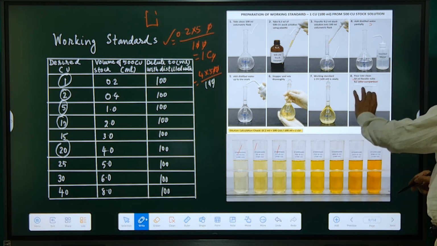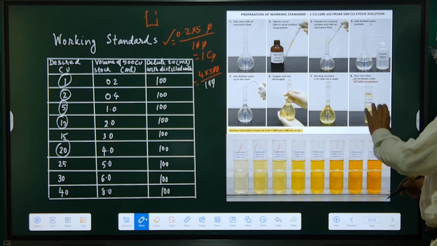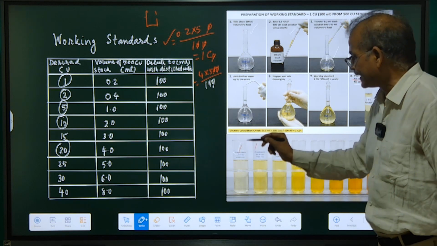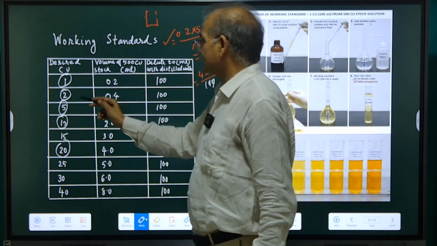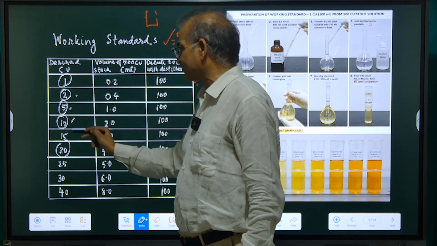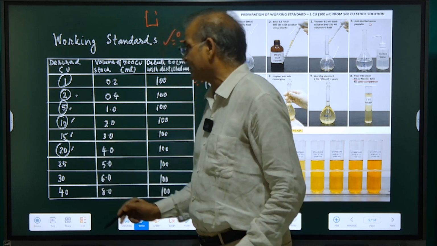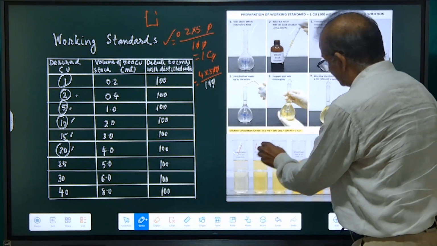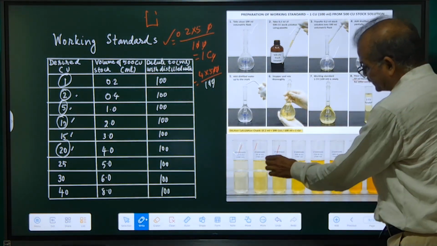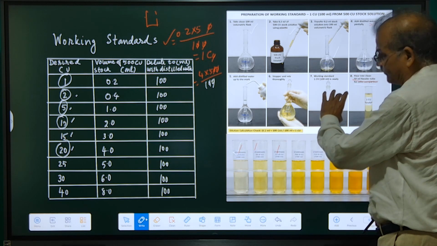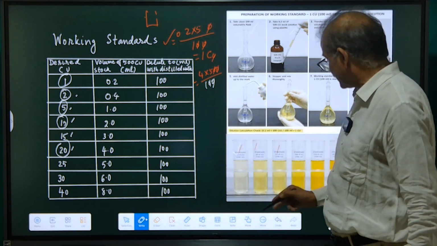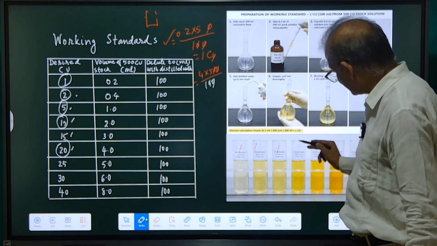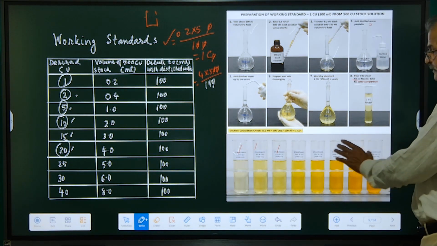Likewise, we can make 2 color unit, 5 color unit, 10 color unit, 15 color unit, 20, up to 100. We take 50 ml of the solutions for all the color units for the comparison, up to 100 color unit.